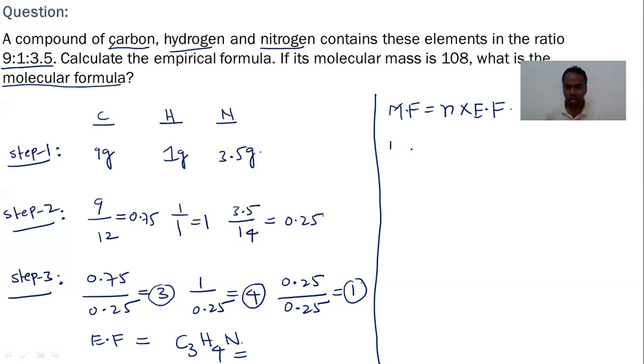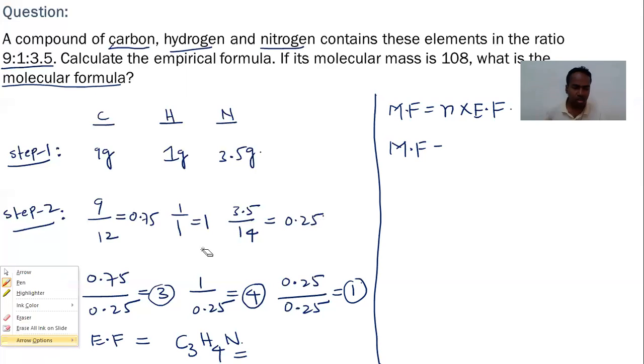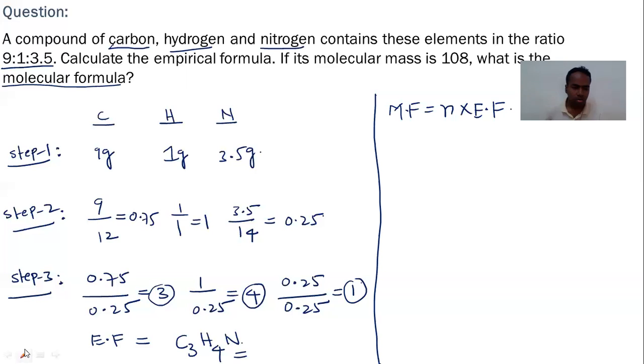So first we need to find N. N is equal to the molecular formula mass, which is given as 108, divided by the empirical formula mass.